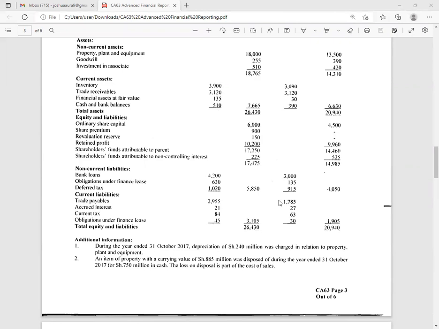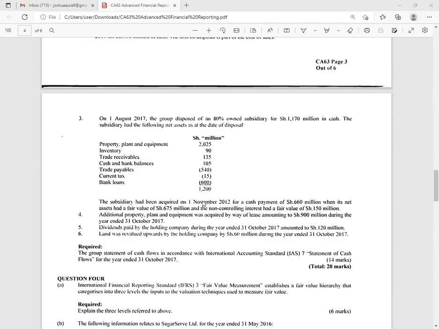Nope, that's opening. I need to start with closing. Closing is 2955. 2955 minus opening. I have to put opening in brackets because of the adjustments. Opening is 1785. We need to ask ourselves whether this subsidiary that we sold had some payables.